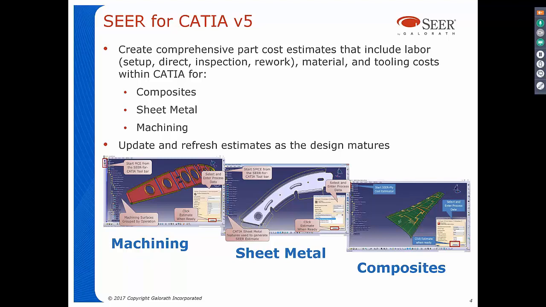So this puts a lot of cost engineering knowledge and power right into the hands of the designers, right at their workstation, where designers have the biggest opportunity to affect cost. So we give the designers insight into what their decisions may cost to avoid costly redesigns later.